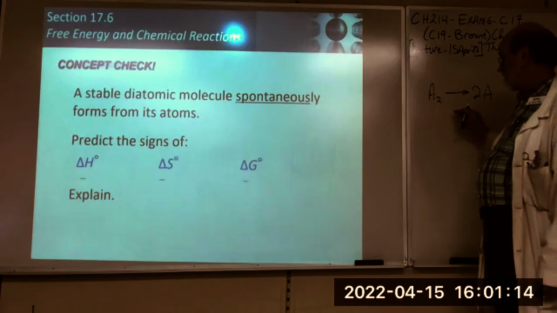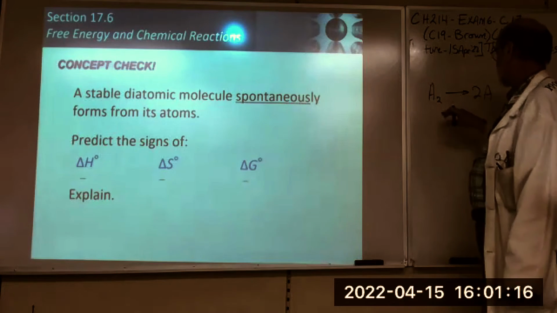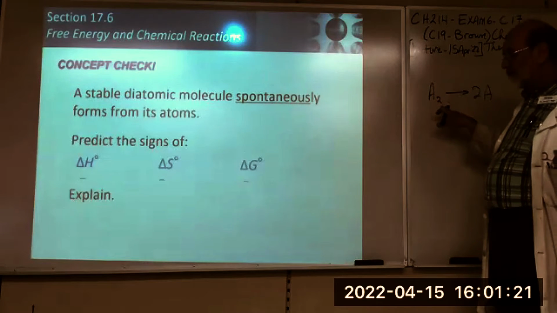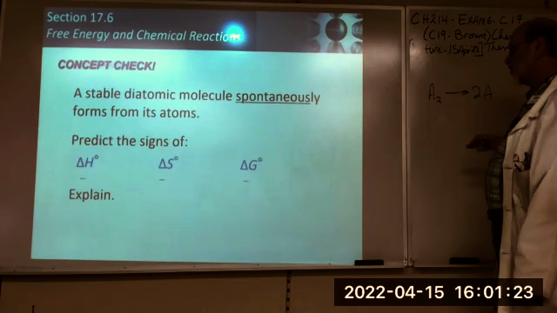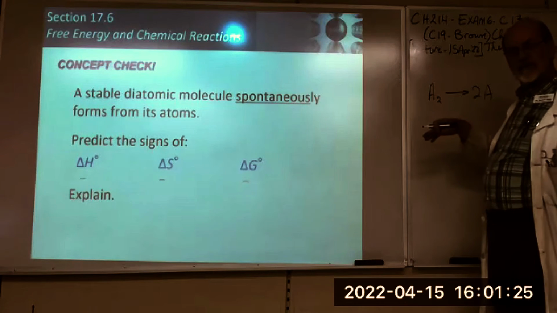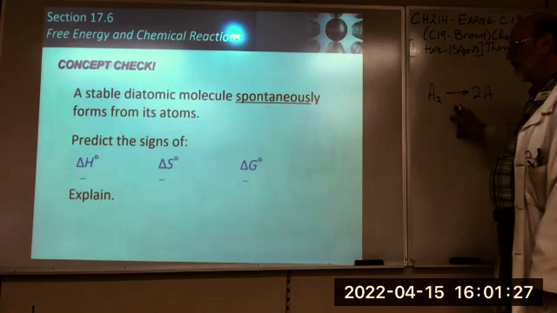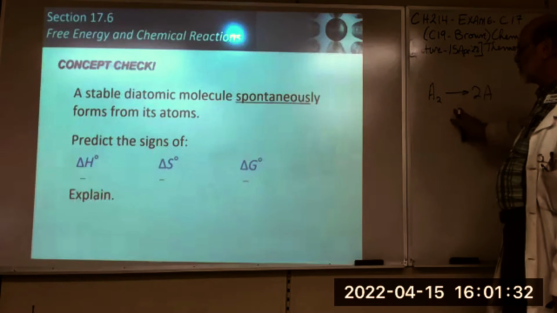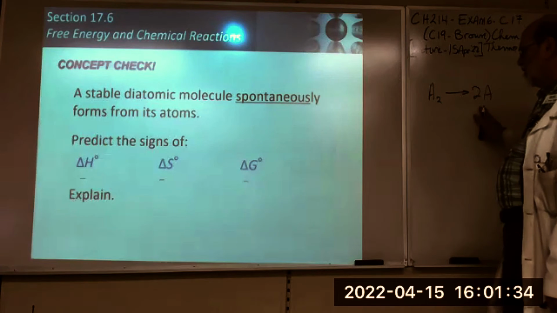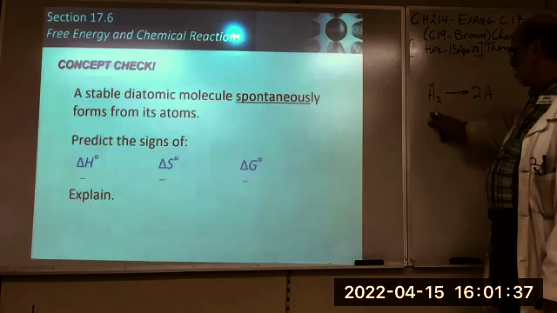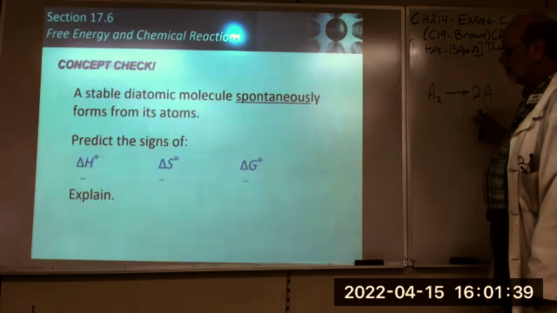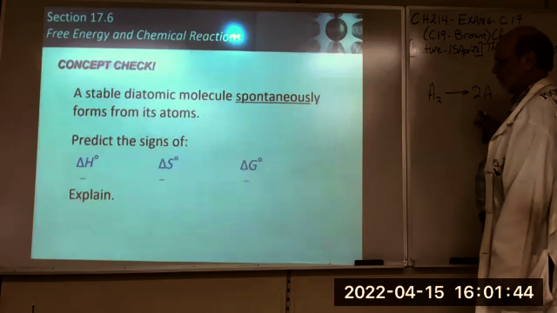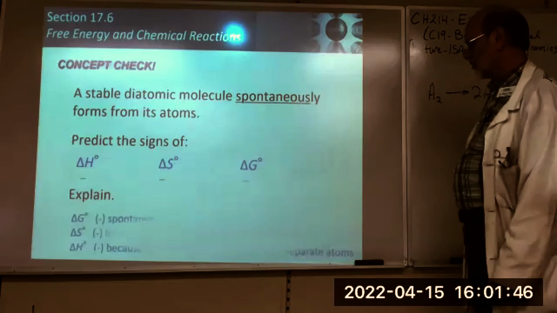It would lose energy. The system would lose energy as we go from this one, the bond is breaking, which means we have to put energy into it. Now that doesn't make any sense. If it's going from a diatomic molecule to its atoms, the bond is breaking. Seems like delta H would be endothermic. Is there an explanation?